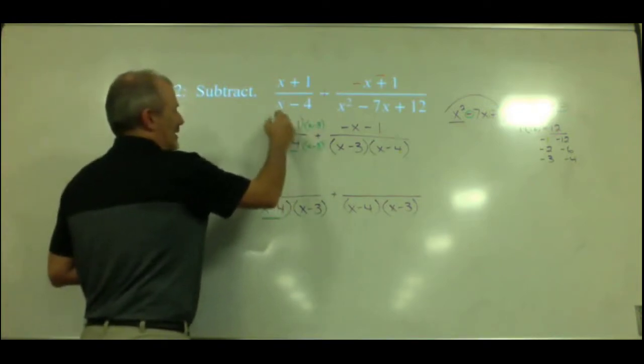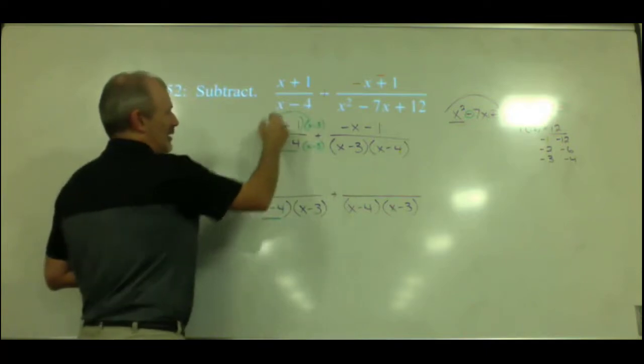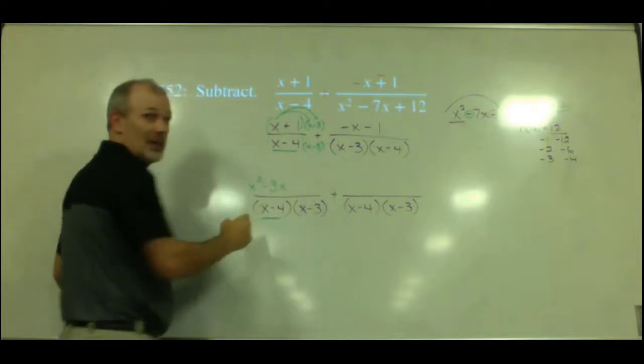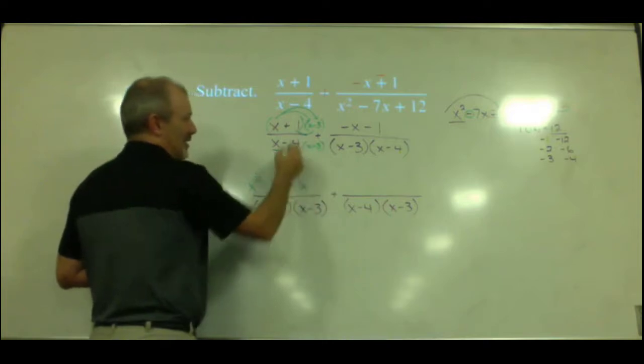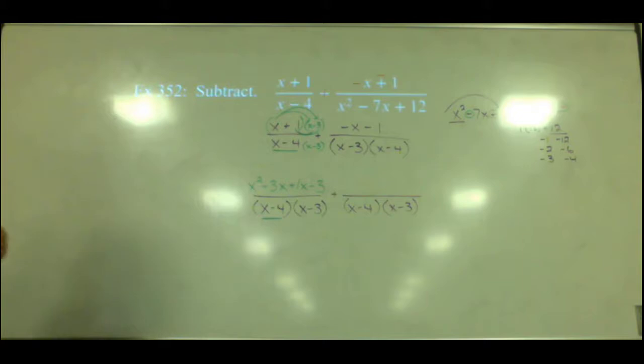Again, we're distributing. This will be x times x is x squared. x times negative 3 will be negative 3x. 1 times x is 1x. And 1 times negative 3 is negative 3. Okay, so we've got our distribution there.